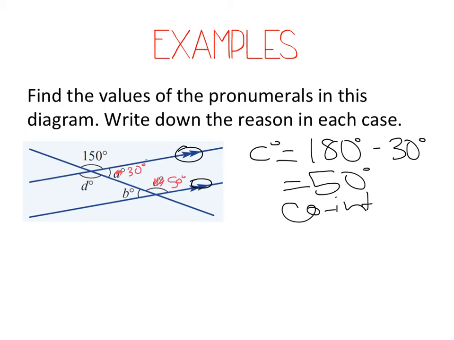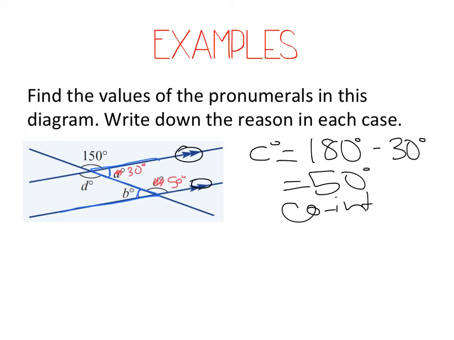Okay, knowing C, I can actually backtrack and work out B. Okay, B, I can say it's supplementary to C. There's also another fun fact about B that I can work out. So I could have gone, okay, B is supplementary to C, so 180 minus 150 gives me 30.